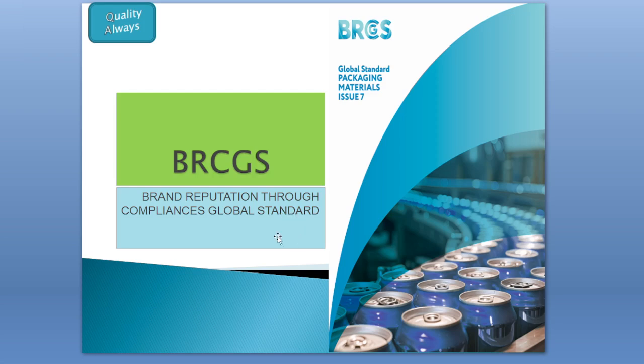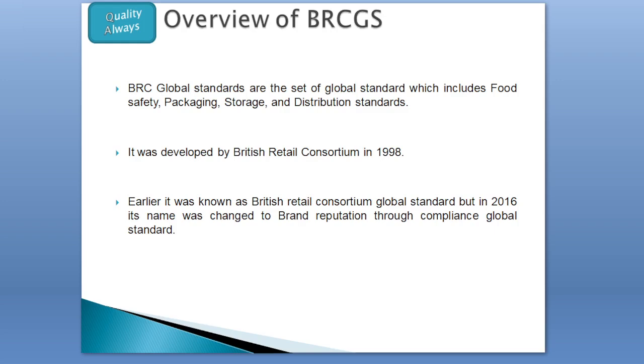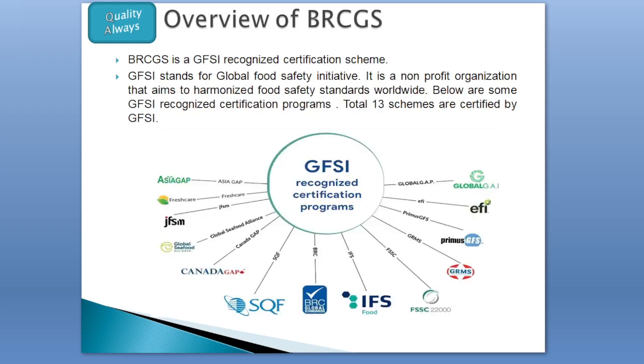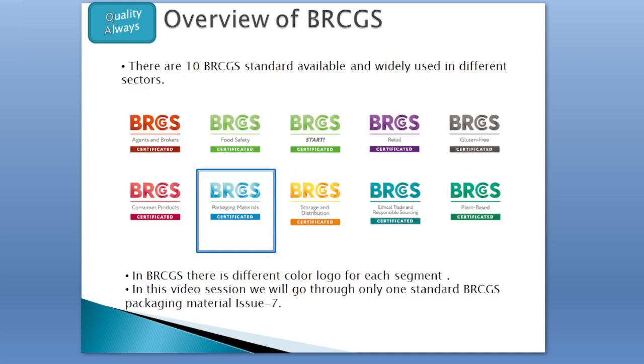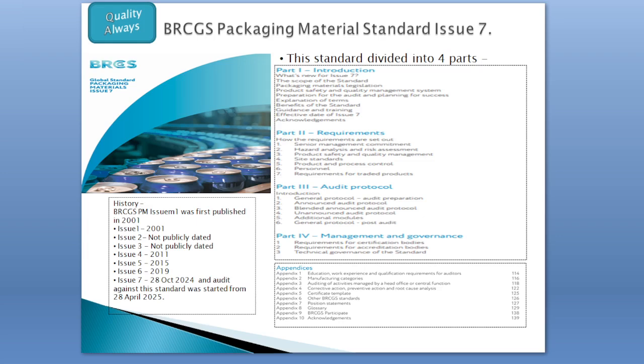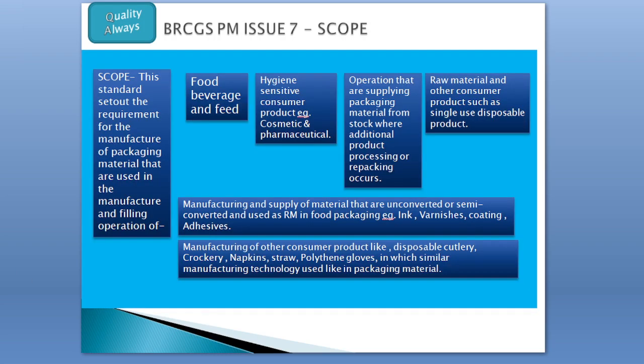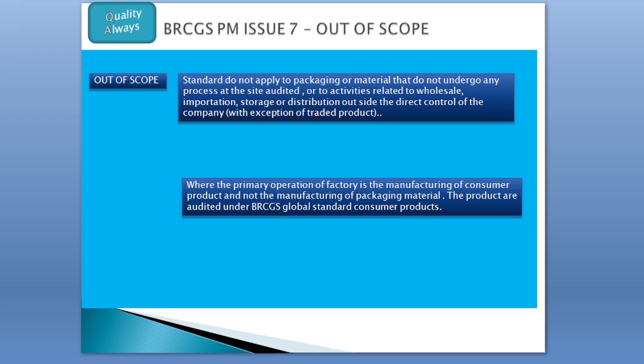We covered GFSI, what GFSI is and why GFSI recognition matters, and the different standards and parts of BRCGS. We also discussed in detail the scope of this standard, what is in scope and what is out of scope.